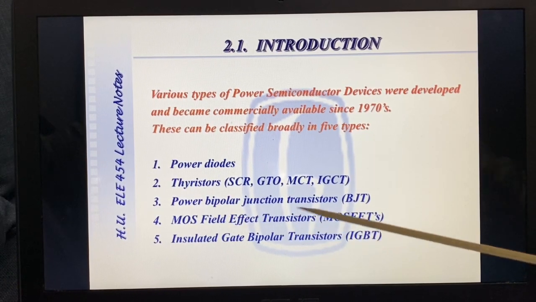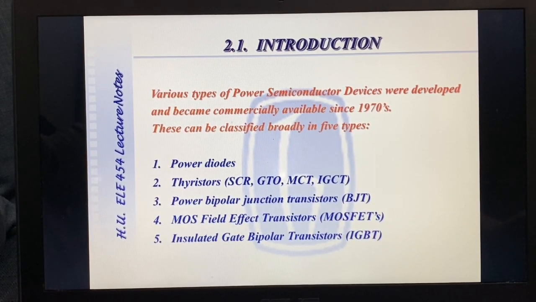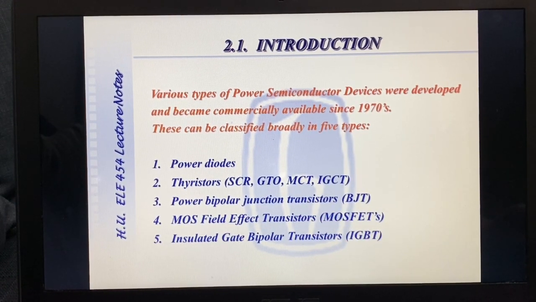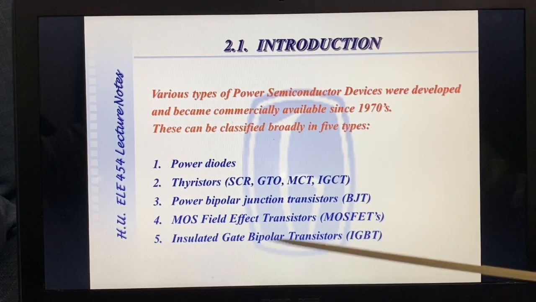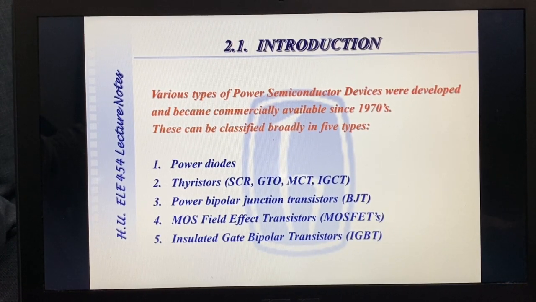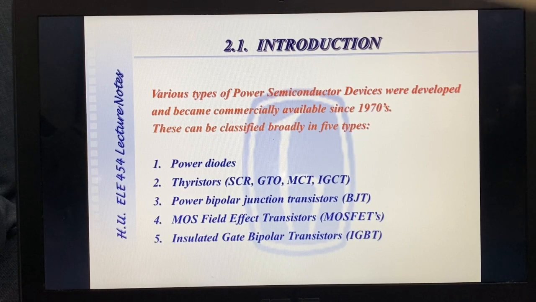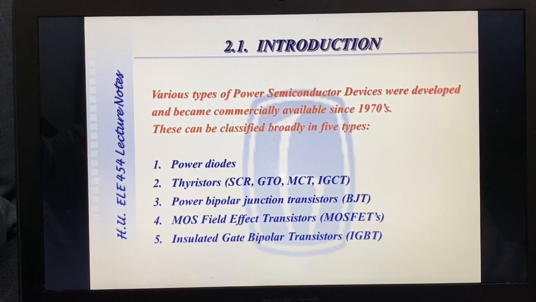Power bipolar transistors, BJTs, then MOS field effect transistors, MOSFETs, and insulated gate bipolar transistors, which combine the advantages of BJTs and MOSFETs into one single device called IGBT. So we will consider all of these types of power semiconductors, their use in power converters, the operating areas, and so on.